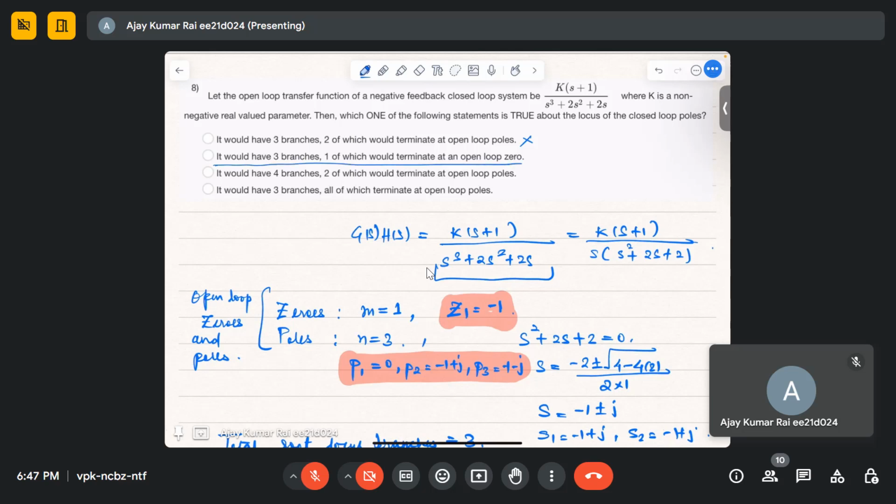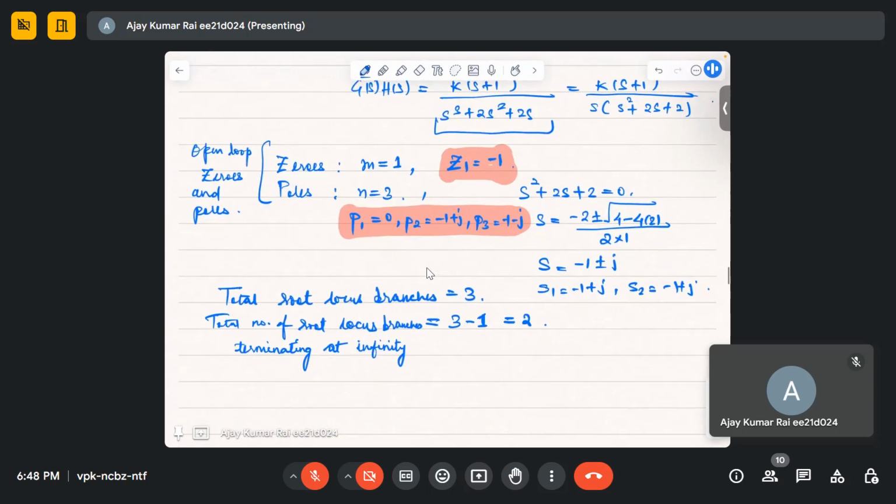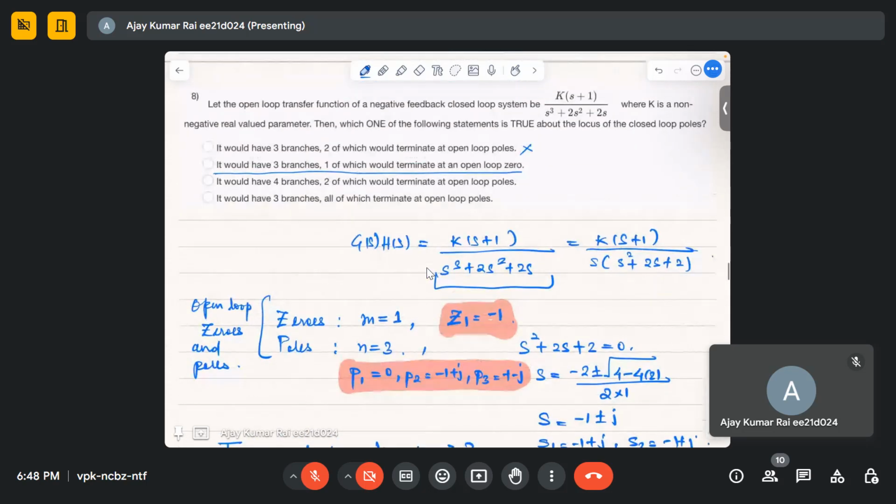Okay, so we know root locus originates from open loop poles and terminates at open loop 0. Okay, so it will have three branches, and one will be going to open loop 0 and the other two will be going to infinity. Okay, so this statement is correct.